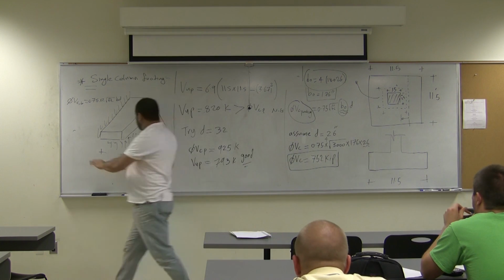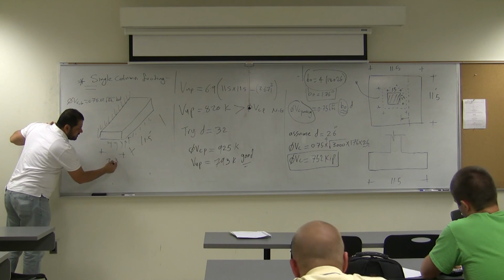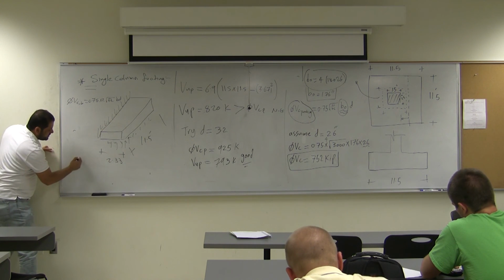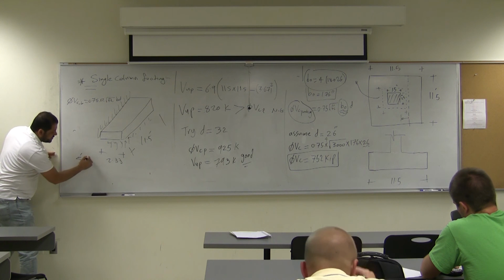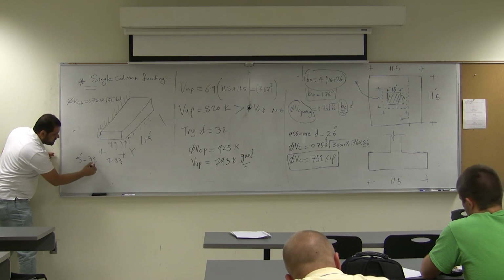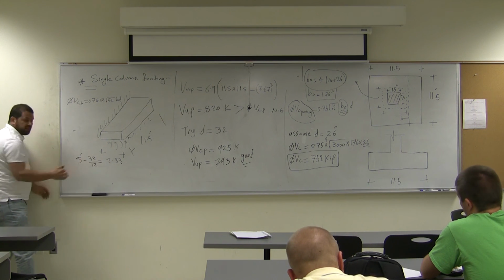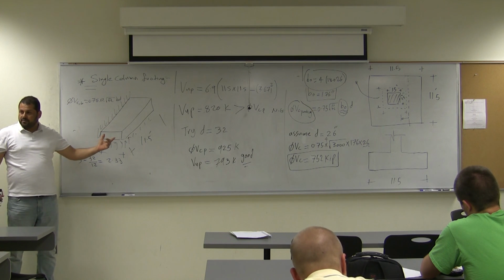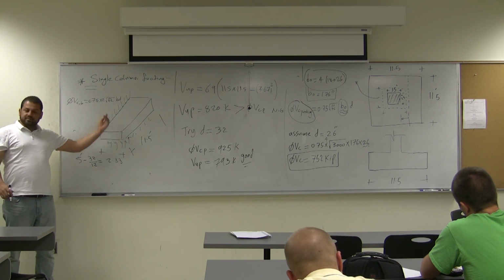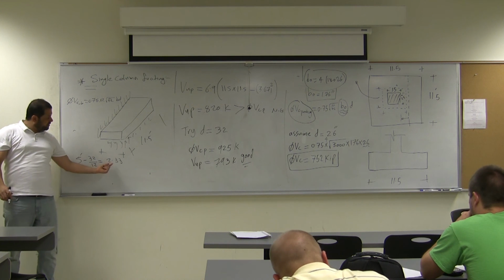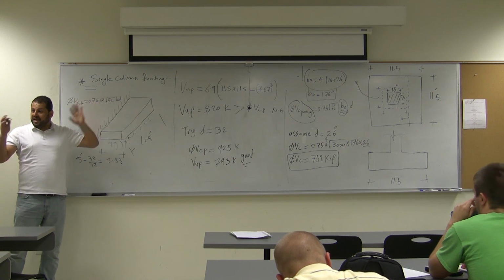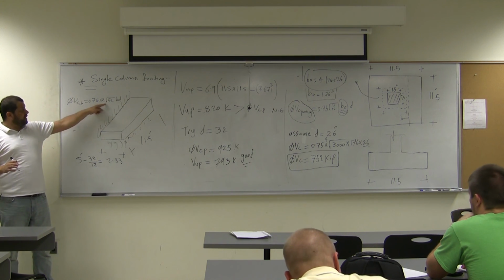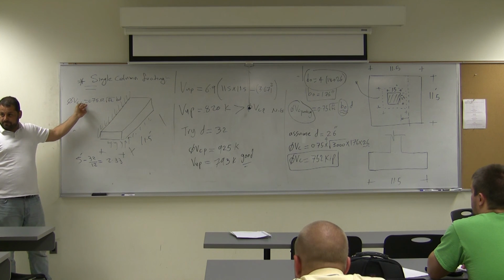So they are saying 2.33, which is 5 foot minus D, which is 32 inch, you change it to foot over 12. So they get this. Good? Now q ultimate times this area, which is 2.33 times 11.5, that must be resisted by this strength in here.